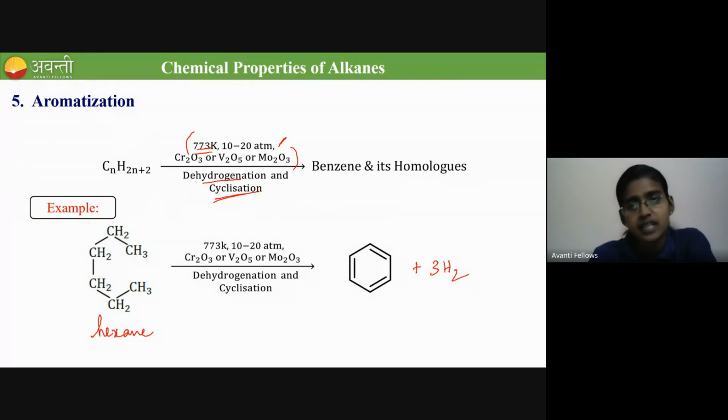Now let me ask you one question from this. Instead of hexane, if I am using heptane as the reactant, what will be the product? What will be the name of the product? Can anyone try for it?